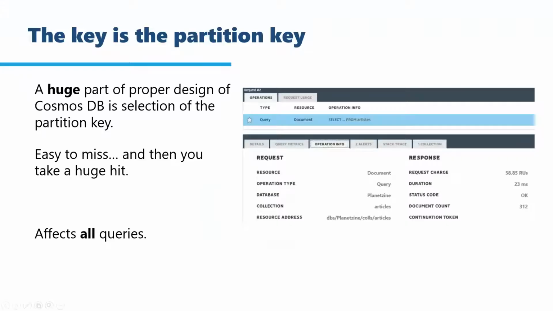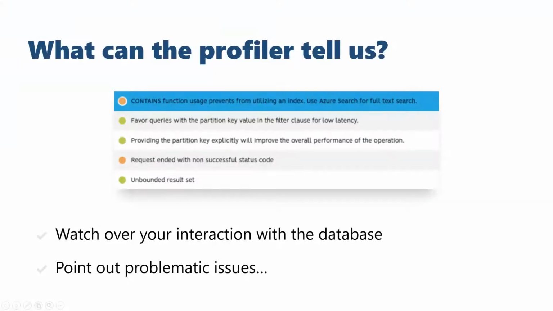So let's see some other things that the profiler can tell us. There's actually a huge number of such features. We have looked into best practices and how things are working in order to understand where people are failing. So let's talk about something relatively minor.